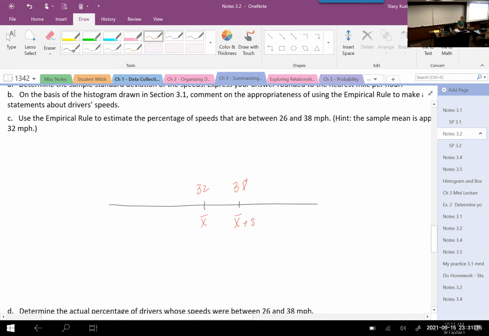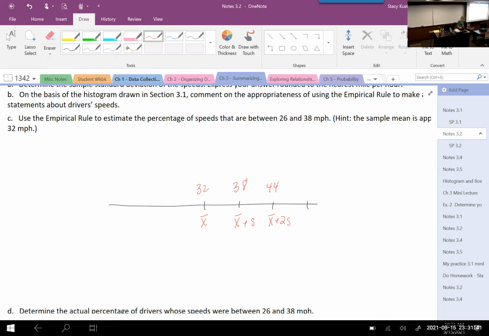And then I'm going to keep going. The next value is going to be x-bar plus 2 times the standard deviation. So it would be 32 plus 12, or I could just add 6 more to 38, correct? Okay, so I would have 44.